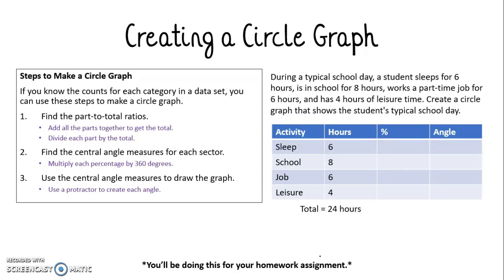So I started setting up a chart here for us to keep track of the activity and the number of hours. Next, I need to find the percentage. We know that there's a total of 24 hours in a day. So from here, I have to take each of the parts, for example, 6 hours of sleep, and divide it by the total 24 hours in a day. You'll see that I have to do that with each of the parts.